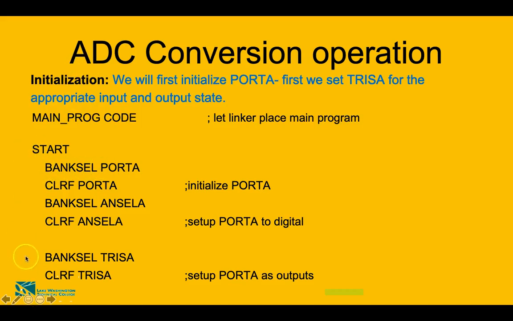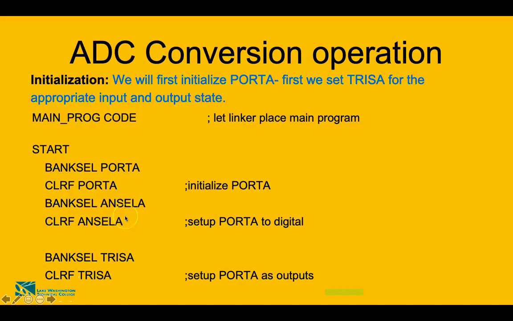So starting with this, you'll start with BANKSEL PORTA. You'll clear the PORTA, and then you will select BANKSEL ANSELA, and you'll clear the ANSELA. And once you do that, it means you're making port A as digital.